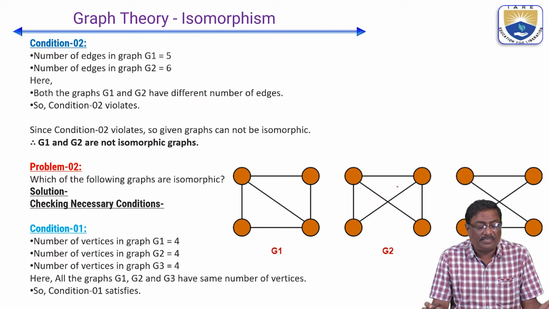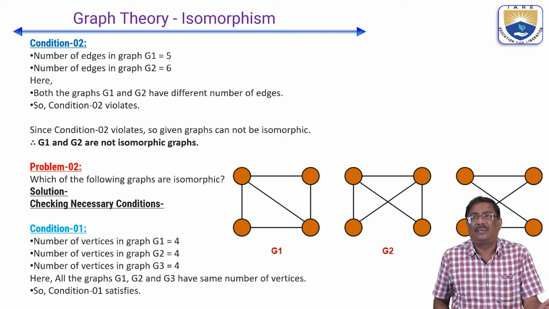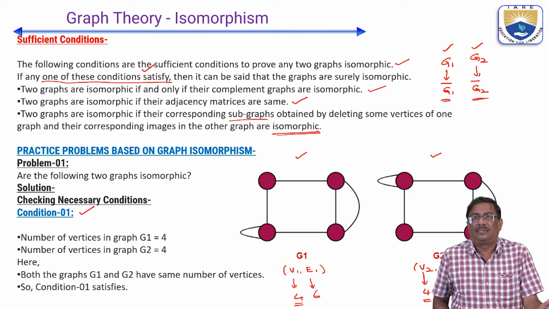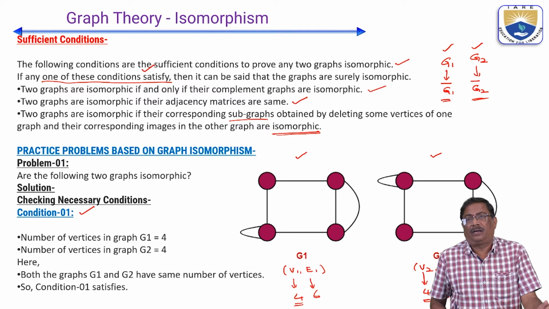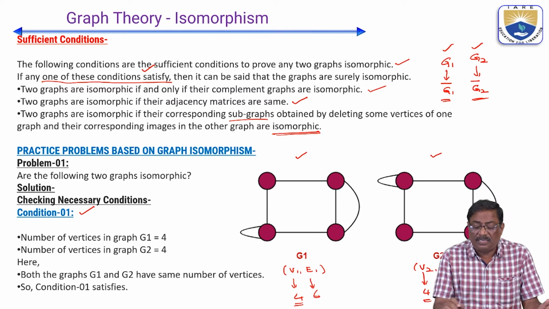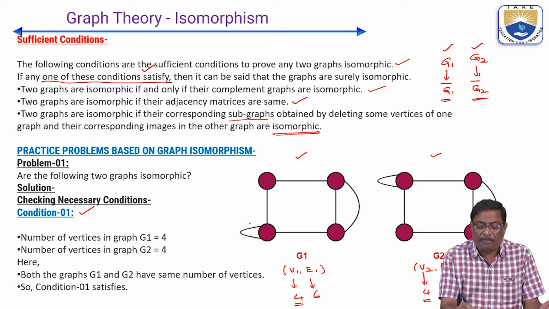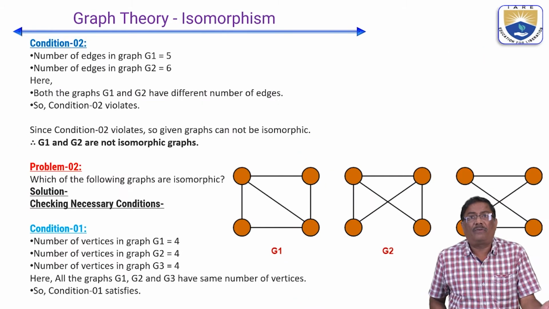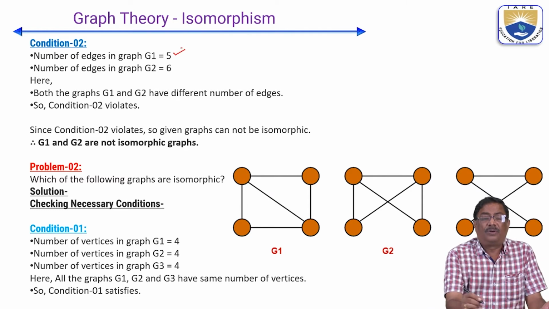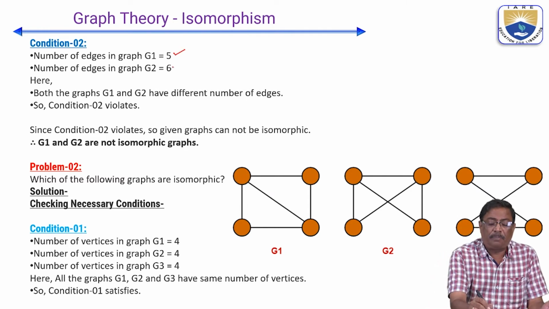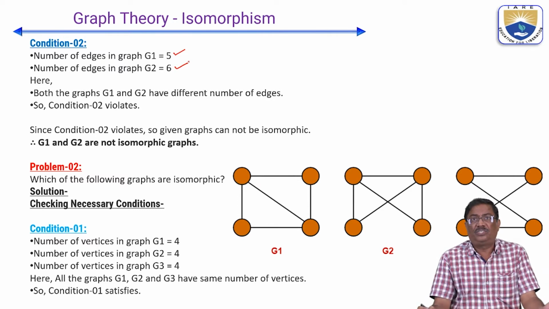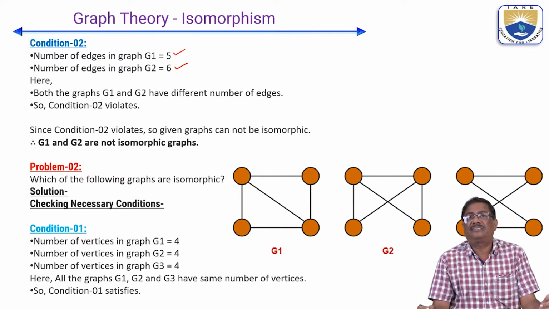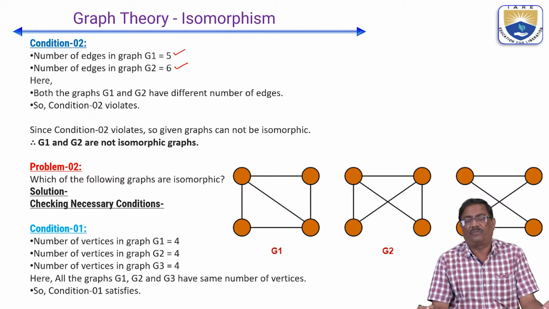Suppose I remove this edge, then the number of edges is 5, for example. So the number of edges in graph G1 is 5 and in graph G2 is 6. The number of edges is not equal, so the graphs are not isomorphic.